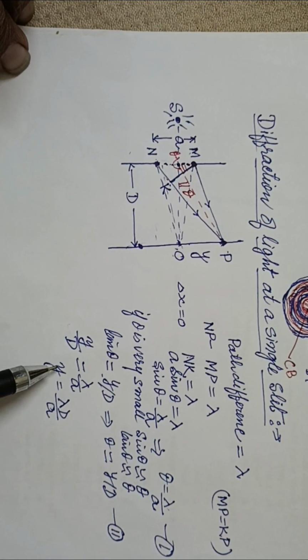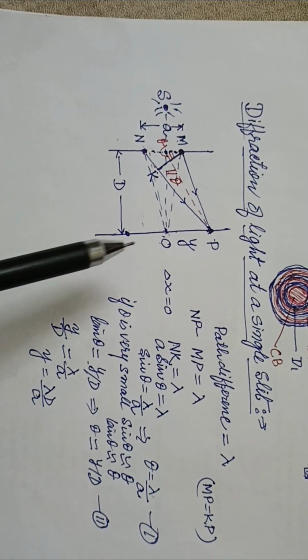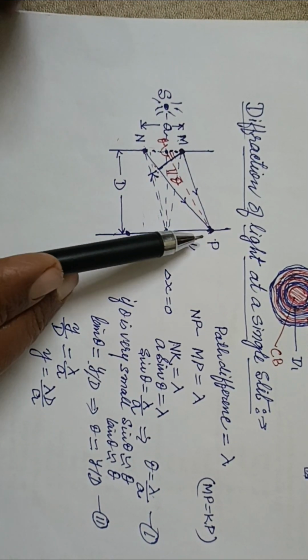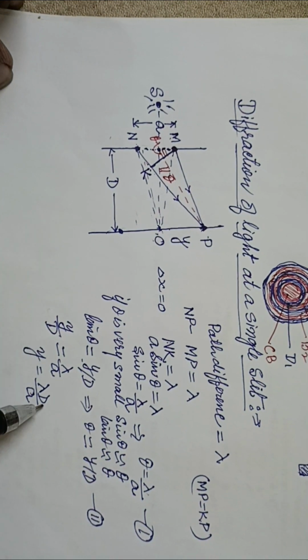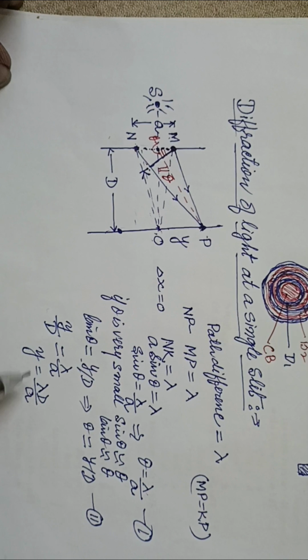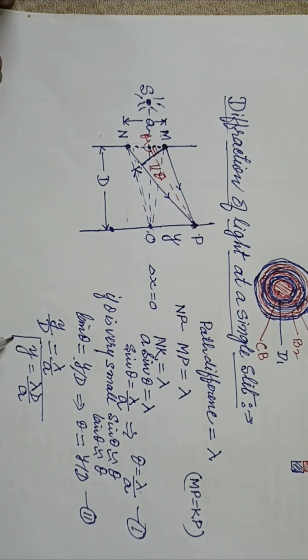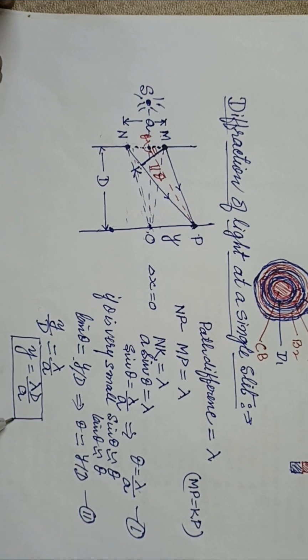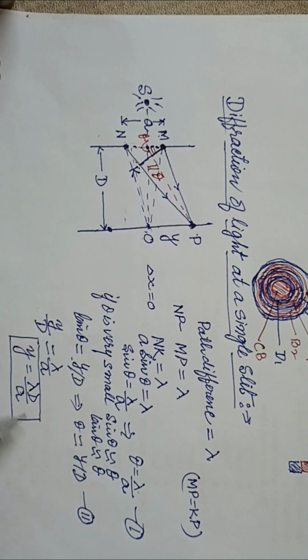So this is the position or the width of the first point P that we have taken, that y is equal to lambda d upon a. This is the first width, meaning from O to P, OP, that is y only.